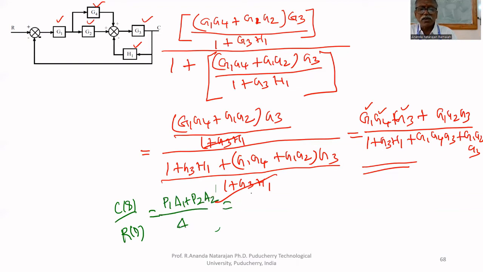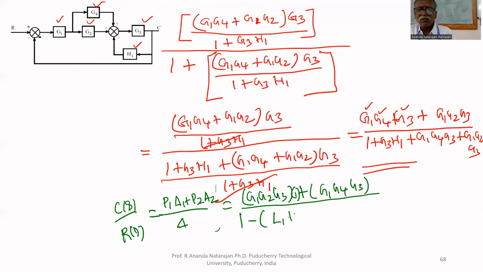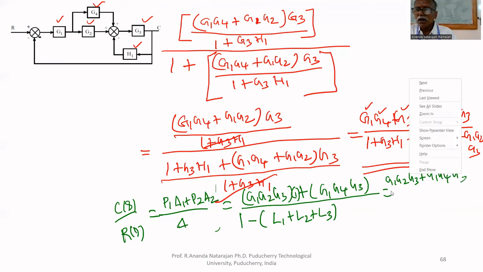P1 is G1 G2 G3, plus P2 multiplied by delta 2, which is 1, that is G1 G4 G3, upon delta, which is 1 minus L1 plus L2 plus L3.